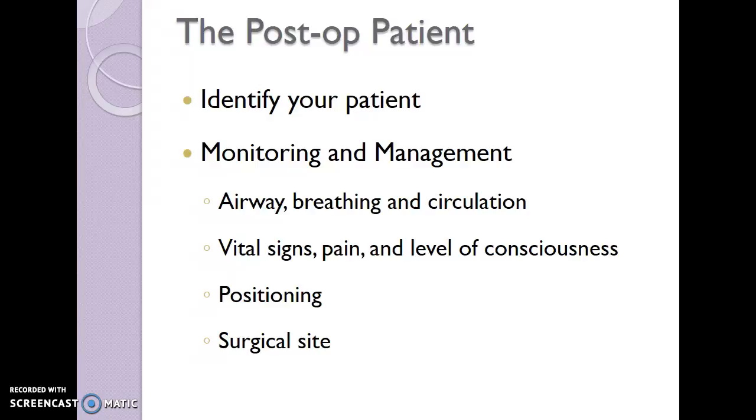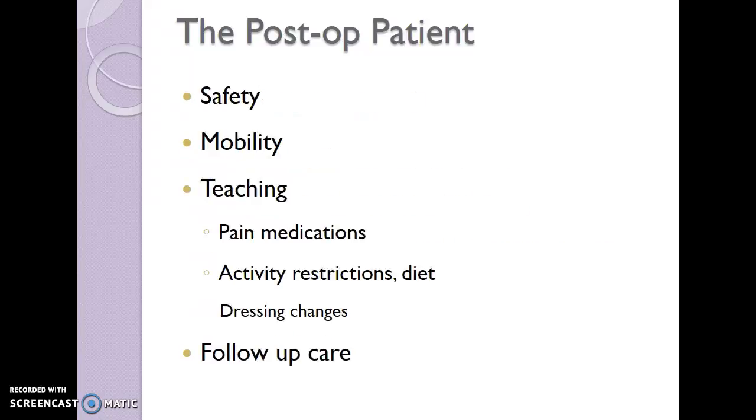Using the Aldrete scoring system, which uses 5 factors and is given a score based upon observations of the patient, once the patient has received an Aldrete score of 8 out of 10, they have stable vital signs, no evidence of bleeding, no nausea and vomiting, and their wound drainage is minimal to moderate. The patient may be transferred to the floor if the surgery was within the hospital, or to the advanced recovery room in an outpatient setting.